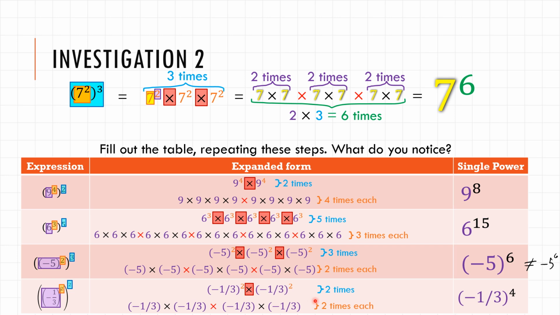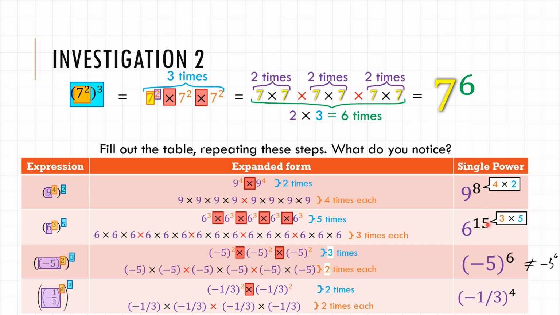The last question that we have to ask ourselves here is, what do you notice? What is the pattern? What did we repeatedly do every single time? If you look very carefully, you'll notice that 2 groups of 4 got us 8. 2 times 4 got us 8, right? 3 groups of 5 also got us 15.